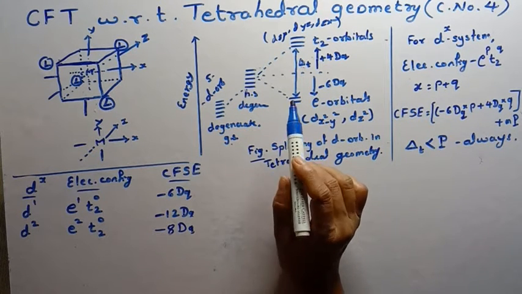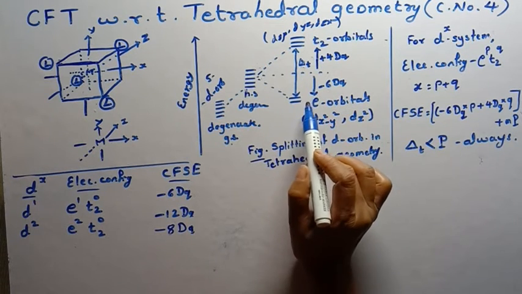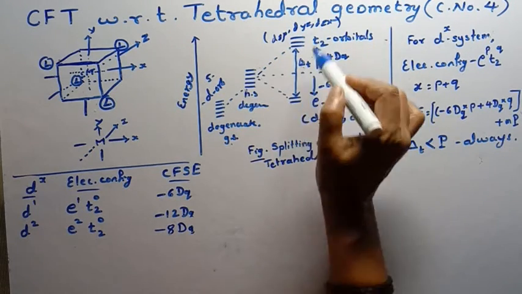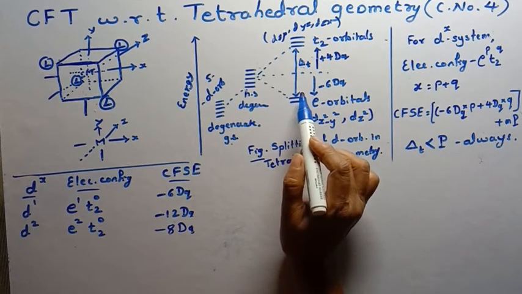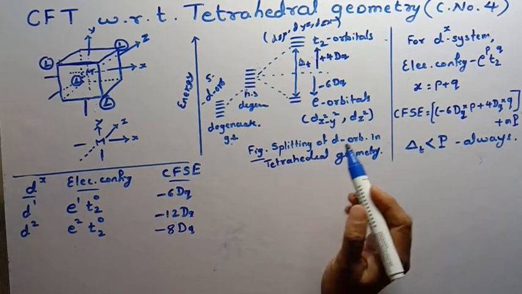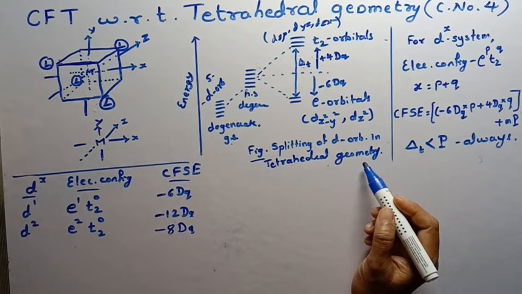In octahedral, it is reverse: these two are raised and these three orbitals are lowered. But now this is exactly opposite to that in octahedral. So this picture indicates the splitting of d orbitals in tetrahedral geometry.